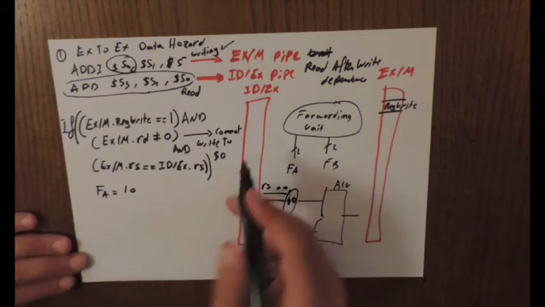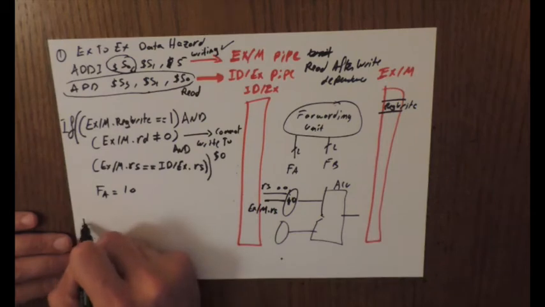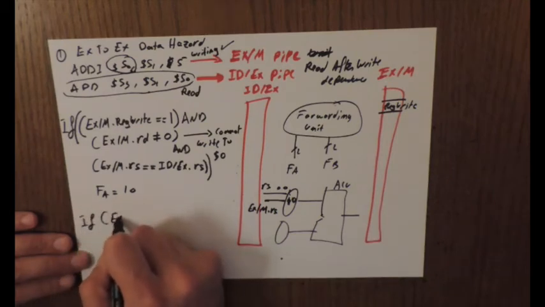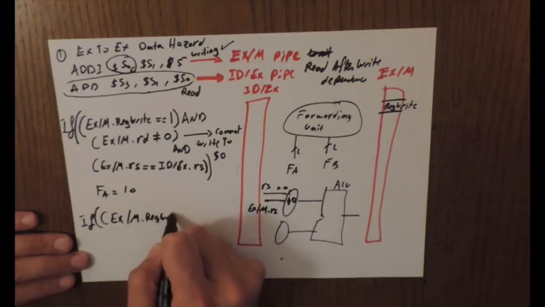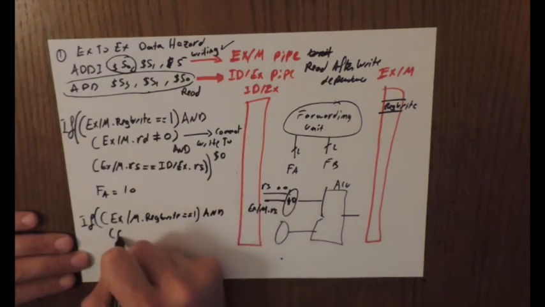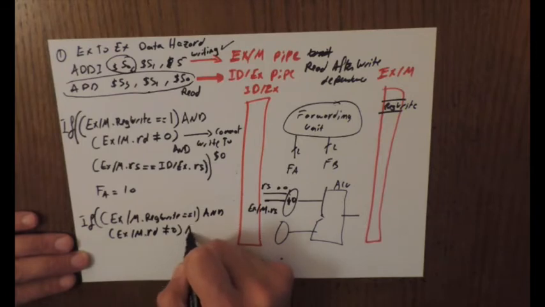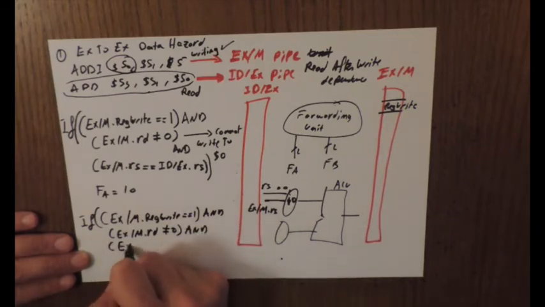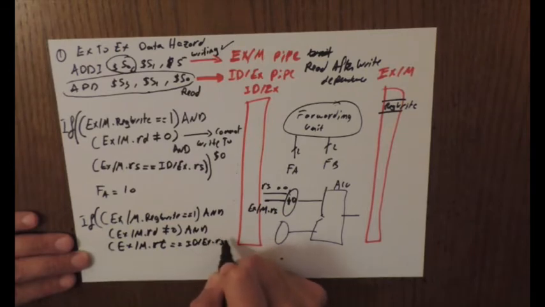However, this is not the only case. The other case is I have RT, so I need a duplicate condition where I say EX over memory dot register write equal 1 and EX over memory dot RD not equal 0 and EX over memory dot RD equal ID over EX dot RT.